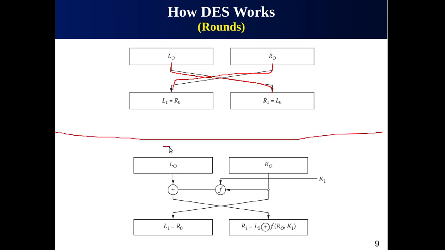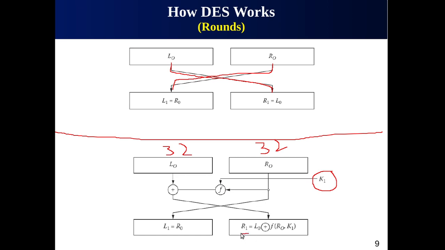You can see we have 32 bits on the left hand side and 32 bits on the right hand side, denoted by L0 and R0. In the first round, what's happening? We take the key and the right 32 bits and perform the function over it, and the output is exclusively ORed with the left hand side, and then the final output is provided to the right hand side.